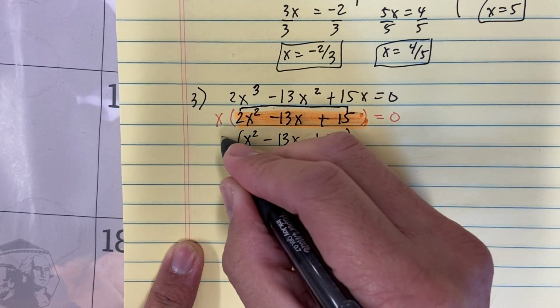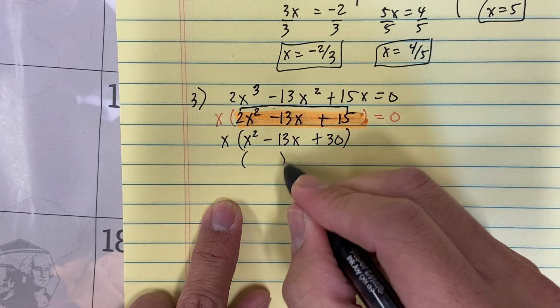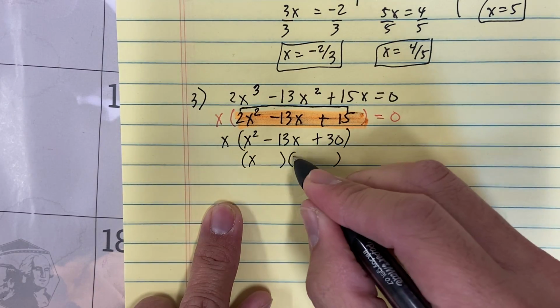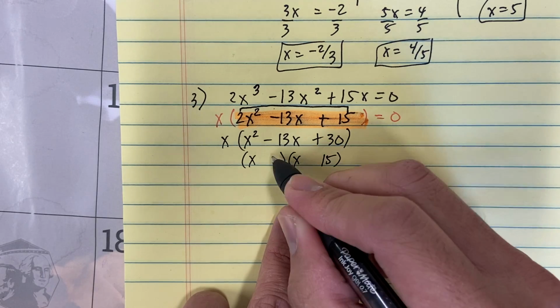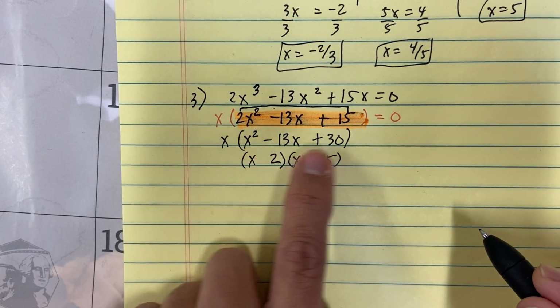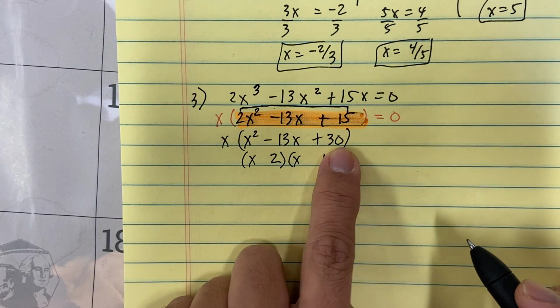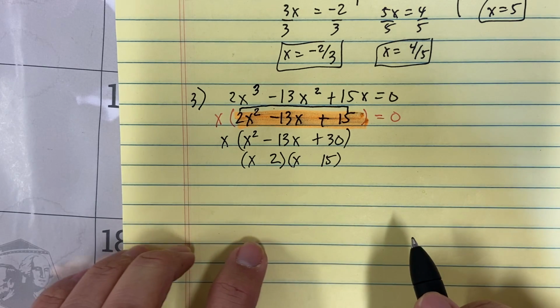And remember, there's an x outside. What are the factors of this? 30 goes with 15 and 2. When you multiply the two numbers, it gives you 30. When you add them, it gives you 13. 15 and 2. The question here is the sign.